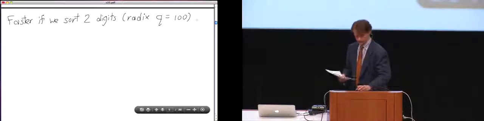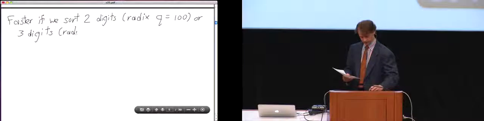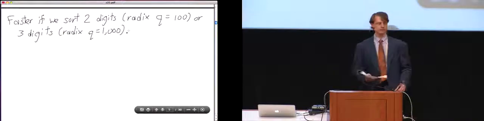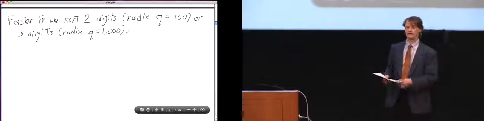Or we could sort on 3 digits at a time, which is equivalent to sorting with base 1,000 numbers. So I set the radix to 1,000, which means I set the number of buckets I'm using in the bucket sort to 1,000.